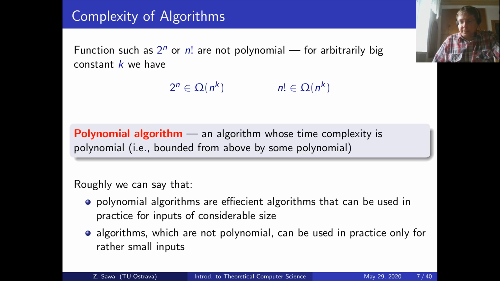So even algorithms that are exponential in the worst case could still be useful in practice. So this is not a strict bound, but on the other hand, it's quite a useful approximation of what could be considered efficient.